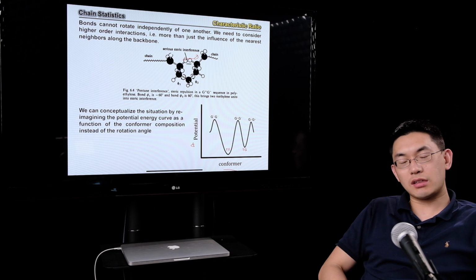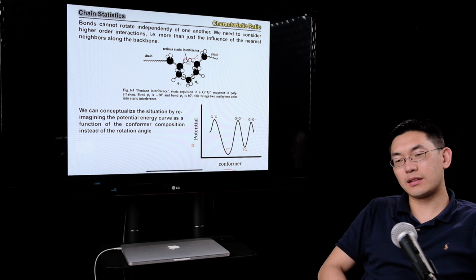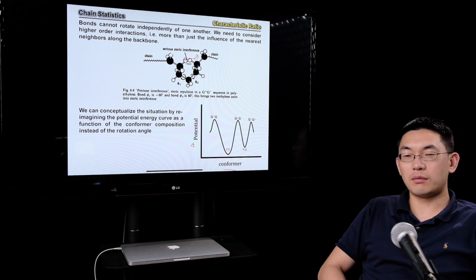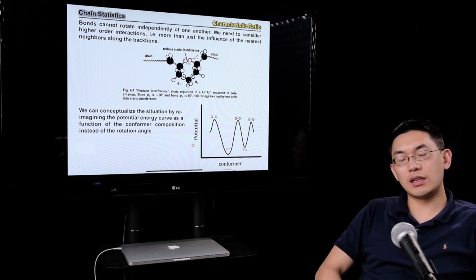If you know the characteristic ratio, you can apply a simple equation, C infinity multiplied by N L squared, to calculate your end-to-end distance. Again, you can count how many bonds and the bond angle and just apply the C infinity parameter.